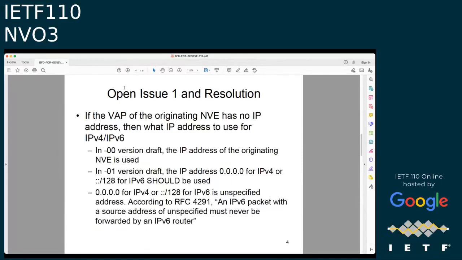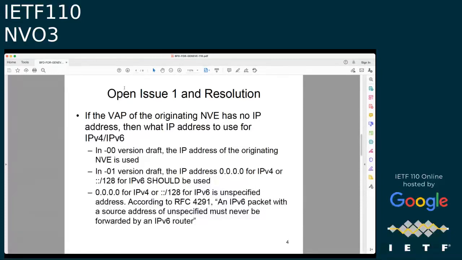In the 00 version draft, in this scenario, the IP address of the originating NVE is used. Nevertheless, in the 01 version draft, in this scenario, the IP address 0.0.0.0 for IPv4 or ::/128 for IPv6 should be used.